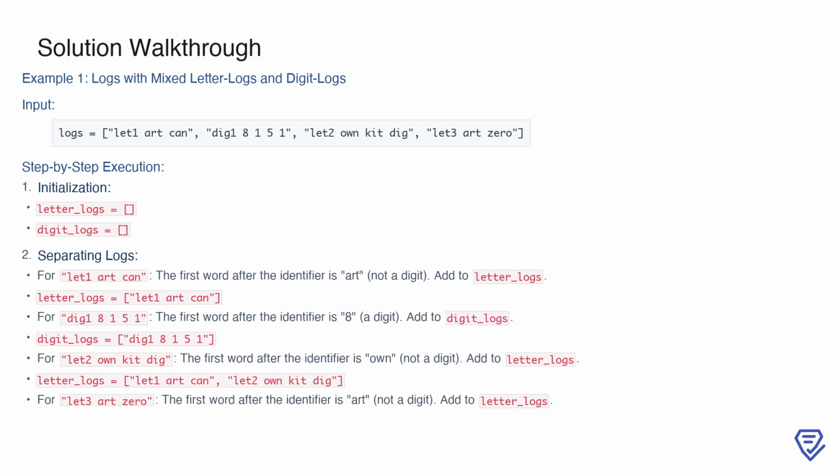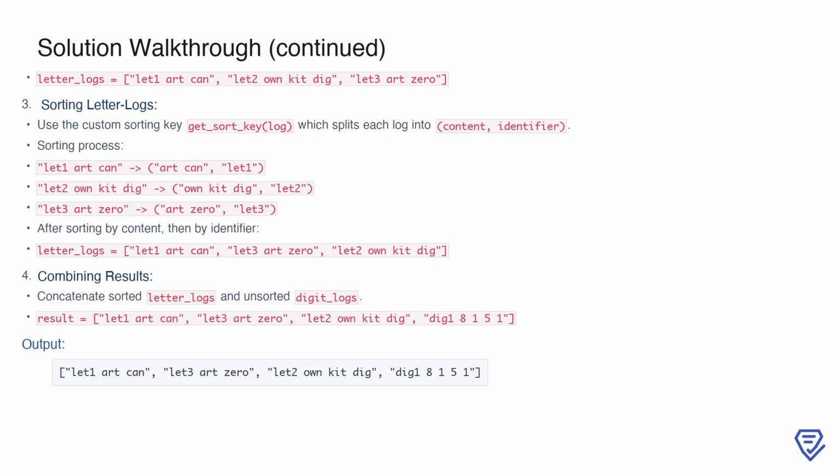At this point, the letter_logs list contains 3 entries, and the digit_logs list contains 1. Now that we have separated the logs, the next step is to sort the letter logs. We use a custom sorting key that splits each log into two parts, the content and the identifier. This allows us to sort the logs first by their content lexicographically, and in the case of ties, by their identifier.